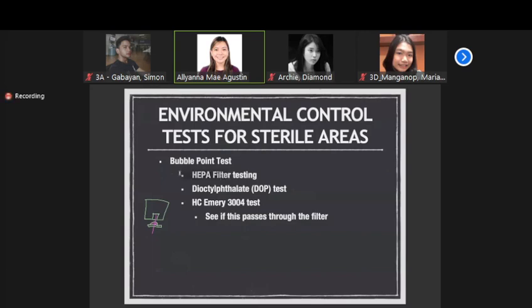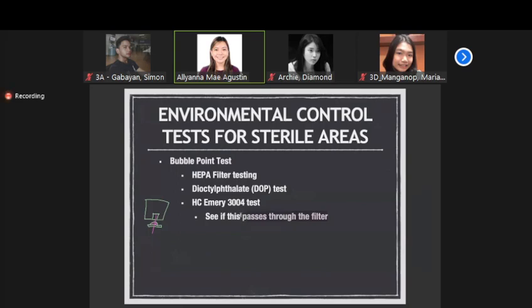To check if the HEPA filter is really effective, we do your bubble point test. Your bubble point test can use dioctyl phthalate or HC Emery. So, DOP test or HC Emery test, both are bubble point tests to test the effectivity of the HEPA filter. HC Emery 3004 and dioctyl phthalate are very small particles, and you check if they are able to pass through the filter.